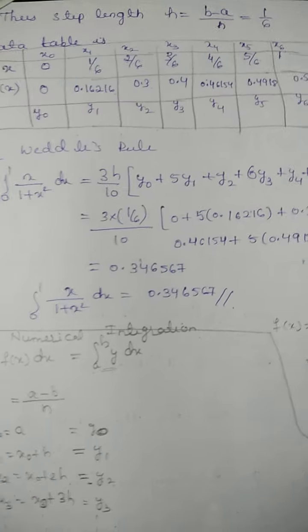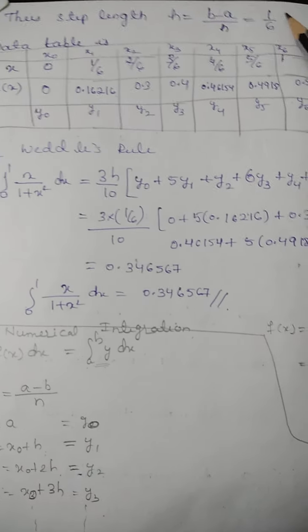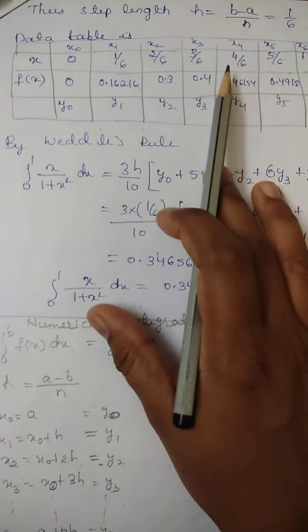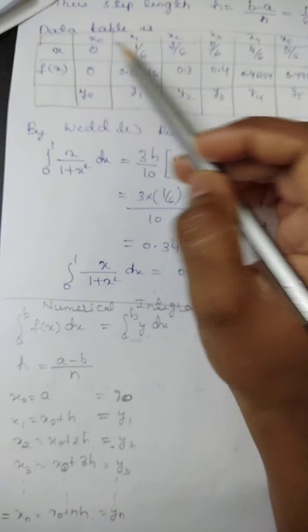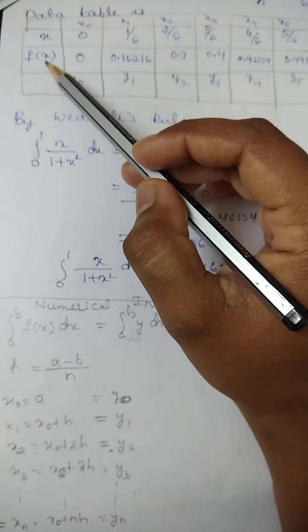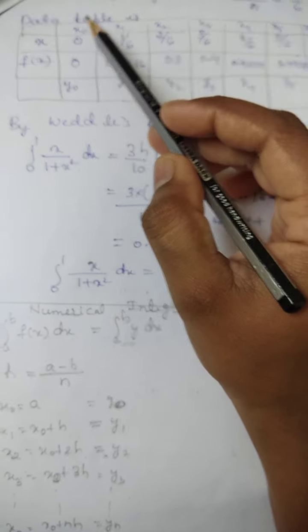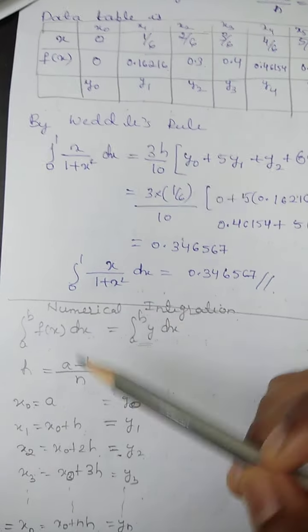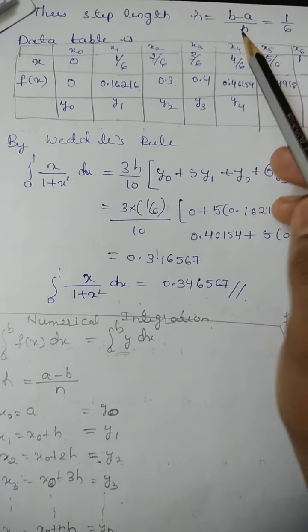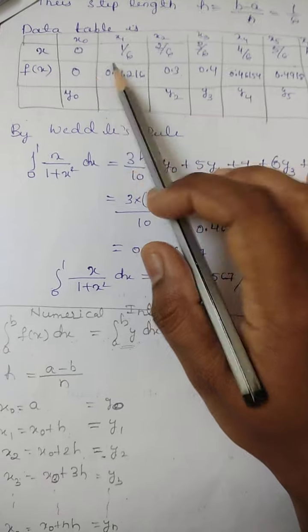So h is 1 by 6. Now we have to prepare a table like this. In the first row we write x and in the second row f of x. For the first column, x0 is the lower limit, which is here 0.